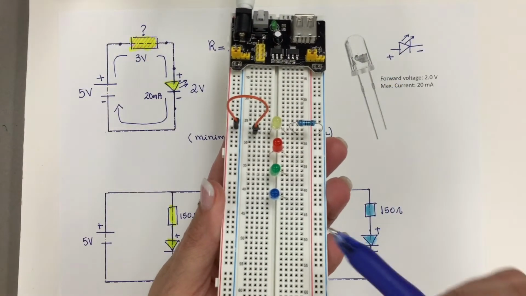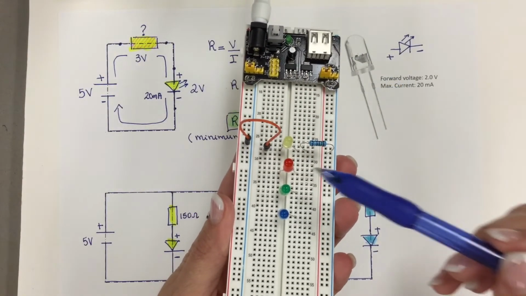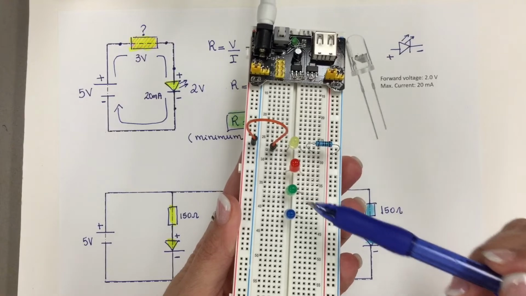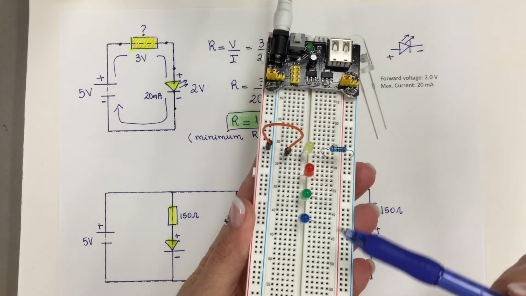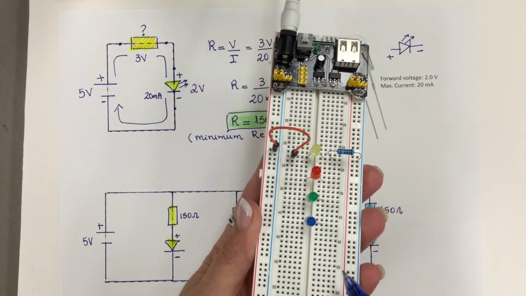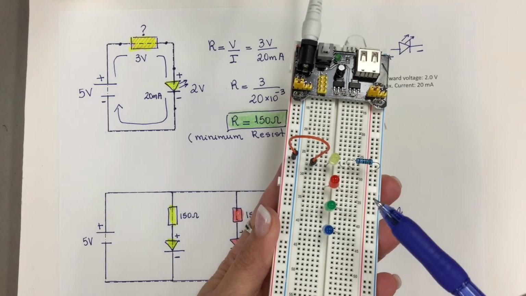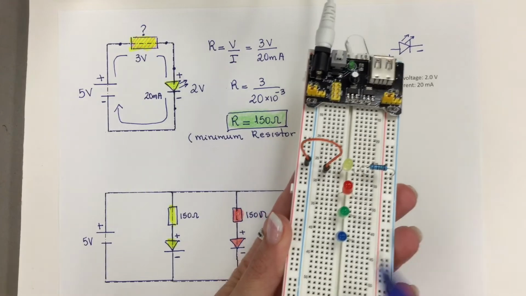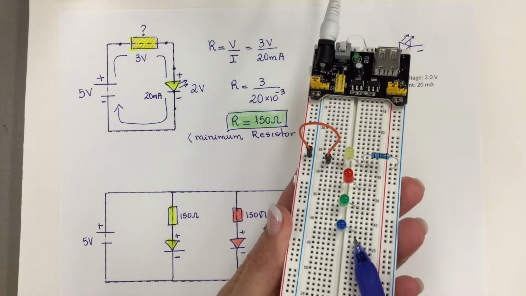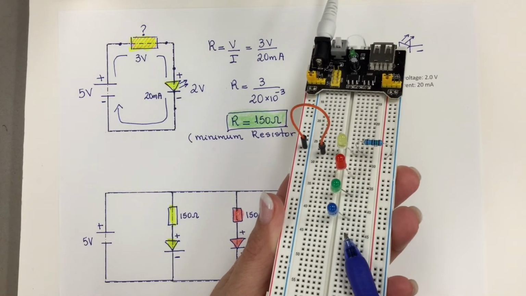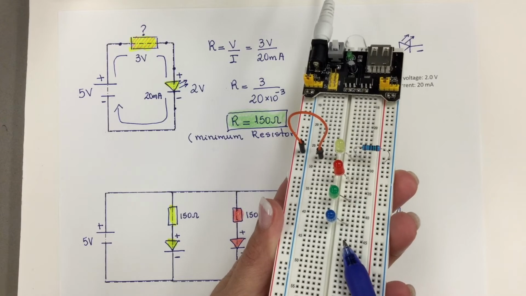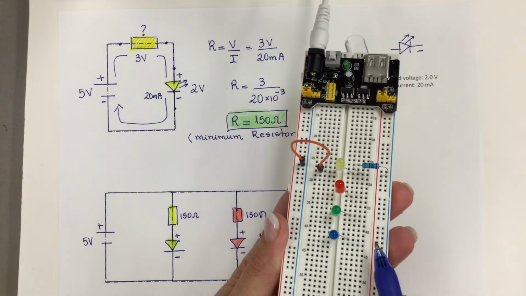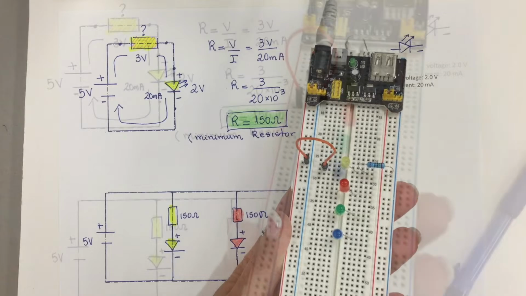In this step, the red, green, and blue LEDs are connected in the breadboard following the same polarity as the yellow LED, which means that the longer legs of each LED go to the negative power bar on the right.